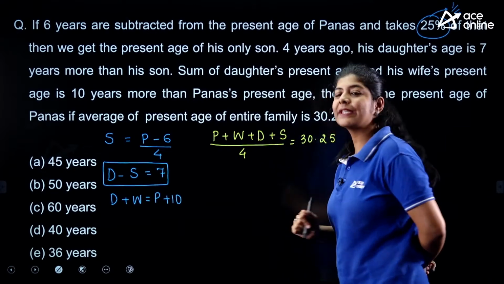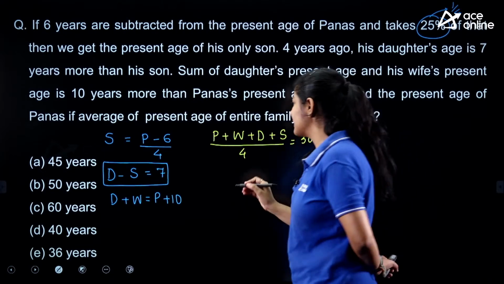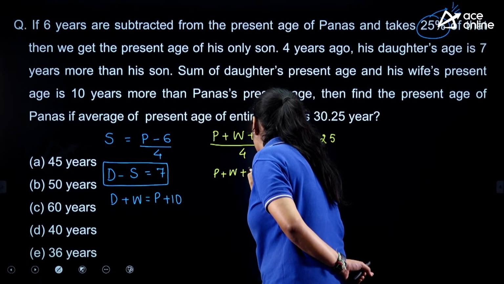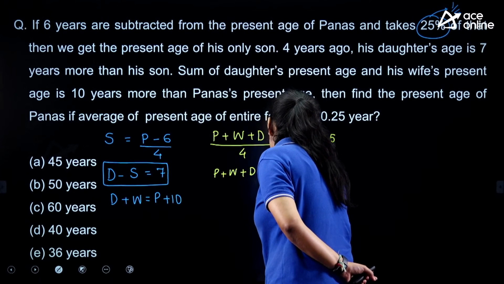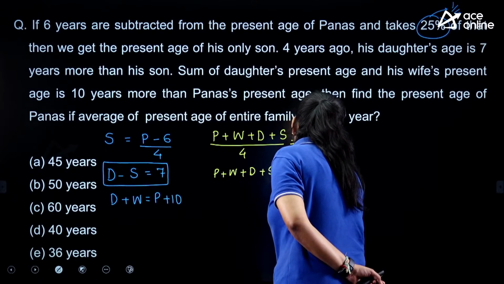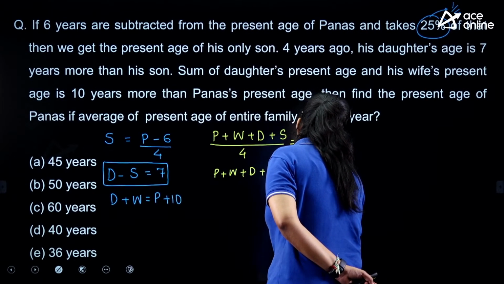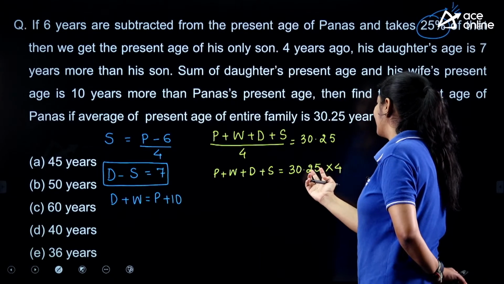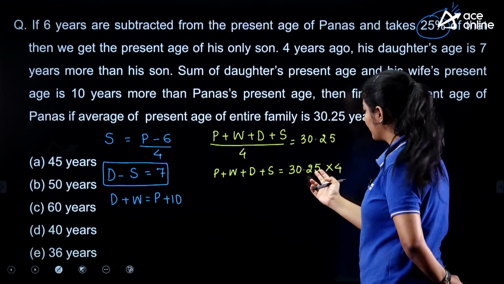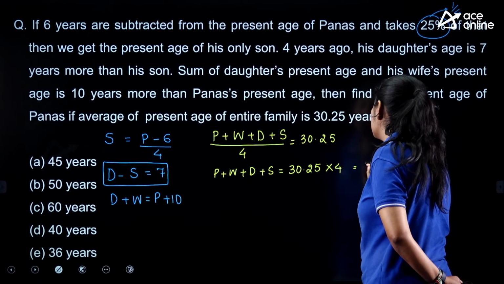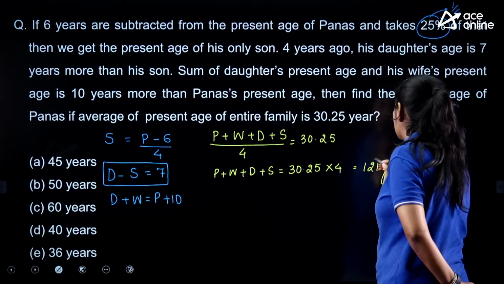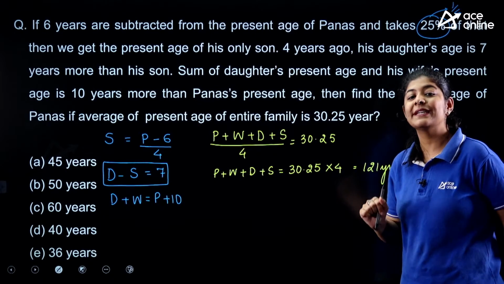Now from this, can we calculate the total present age? Yes, these 4 members total 30.25 into 4. If we multiply this, we get 121 years, which is the total present age of the family.